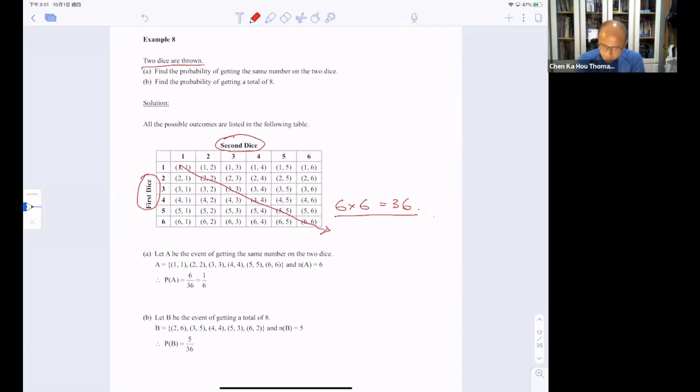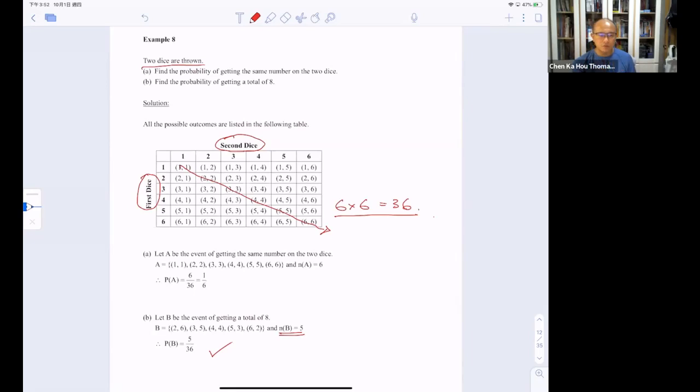Next, find the probability of getting a total of 8. From the table, there are 5 events: 2,6; 3,5; 4,4; 5,3; and 6,2. So it is 5/36. Quite easy.